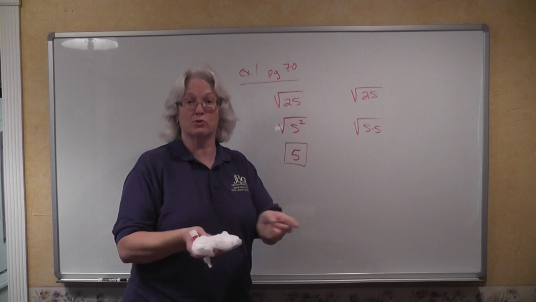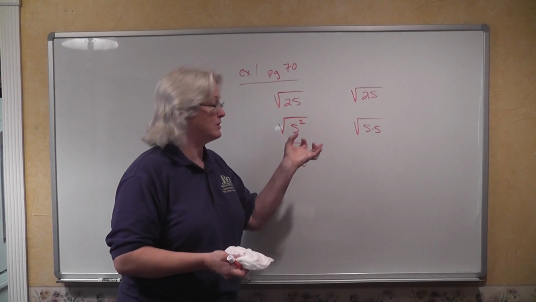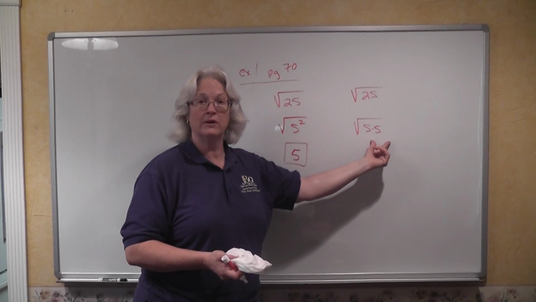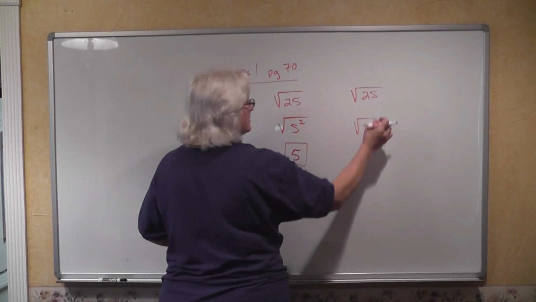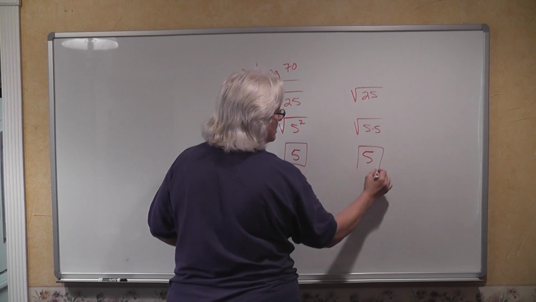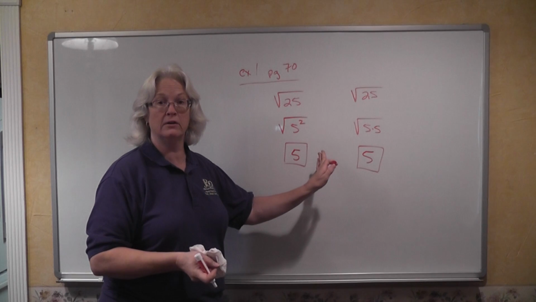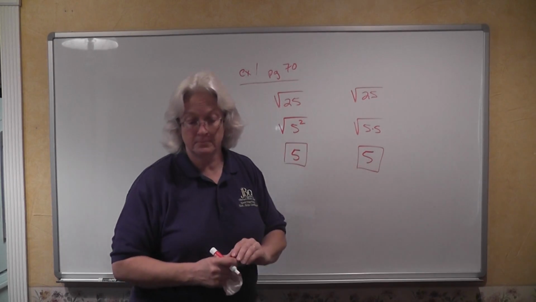There, it's just screaming obvious at you, maybe even more so than with the exponential notation, that we have 2 factors of 5. The square root of a number is simply one of those equal factors. Notice that there's not a radical sign involved here. It's just 5. Okay?